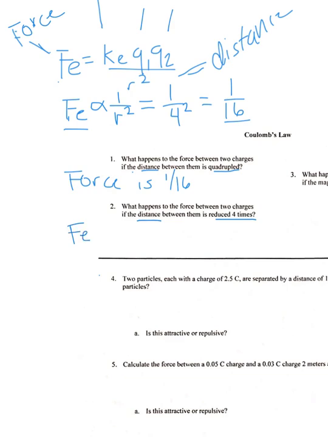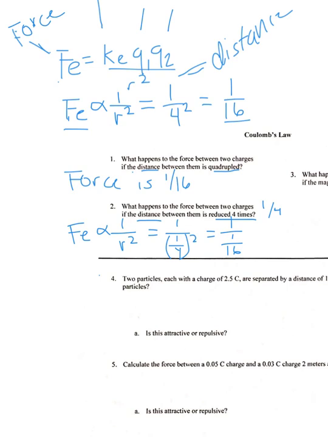Fe is proportional to 1 divided by R squared. So we have 1 divided by, what happens to the R? The R is 1/4. So we have 1 divided by 1/4 squared. You square the top and square the bottom, so that is 1/16.